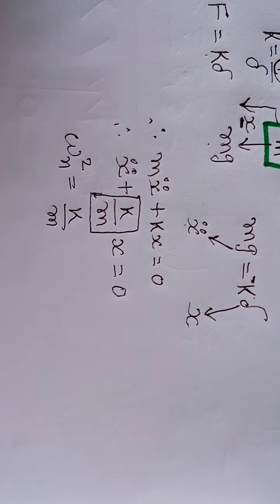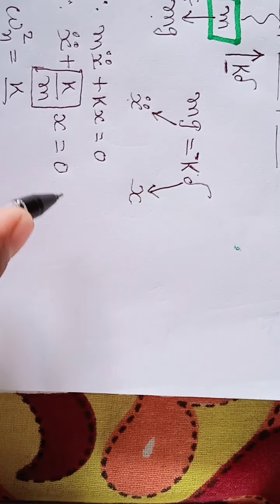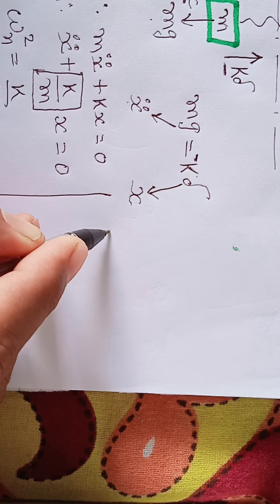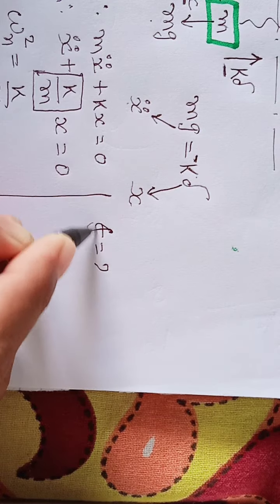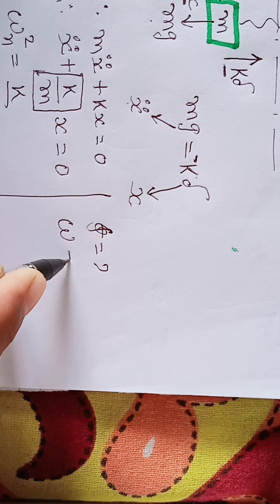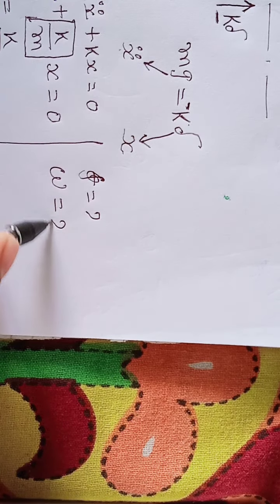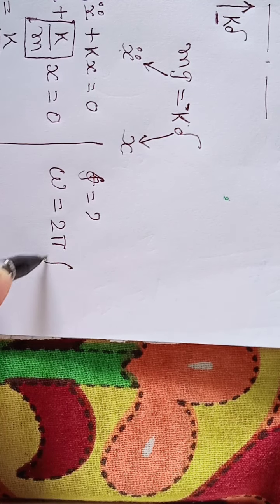We know that frequency f, angular frequency omega is equal to 2 pi f.